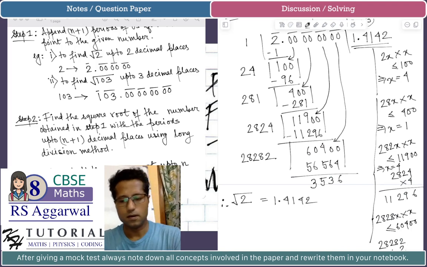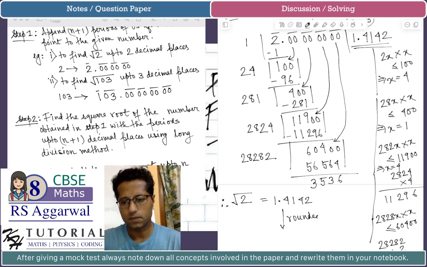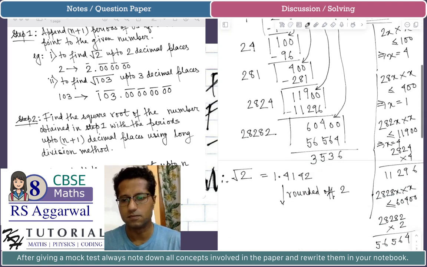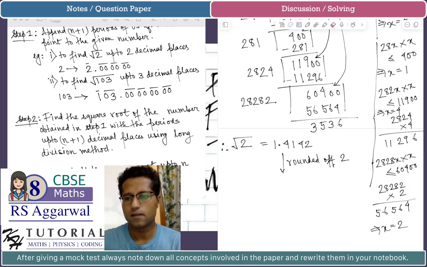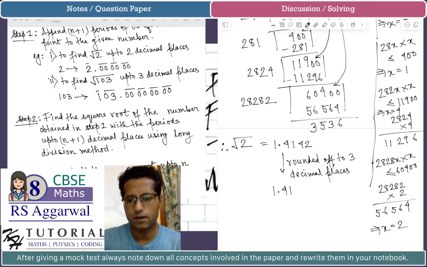When rounded off to 3 decimal places, it becomes 1.414.